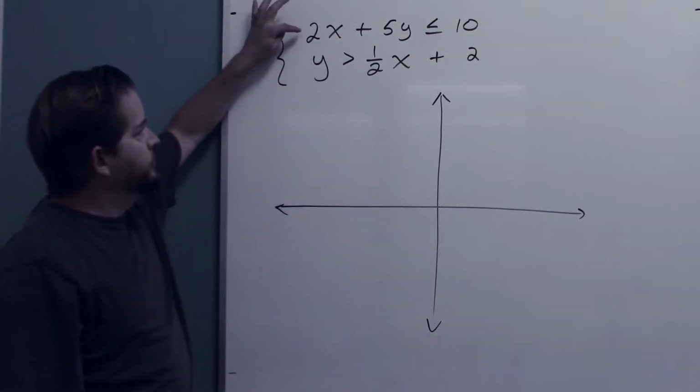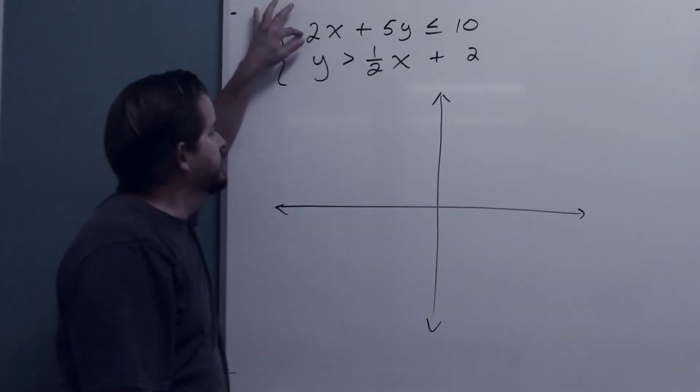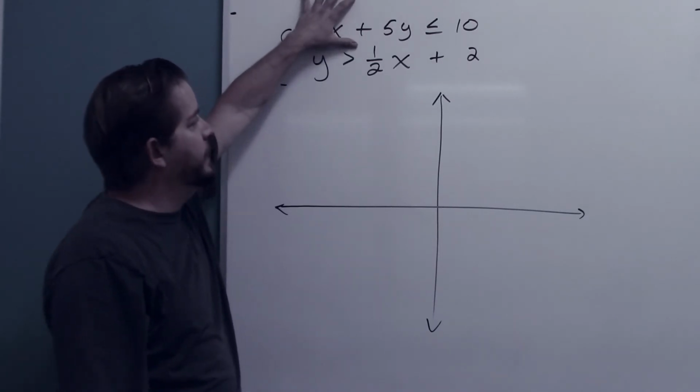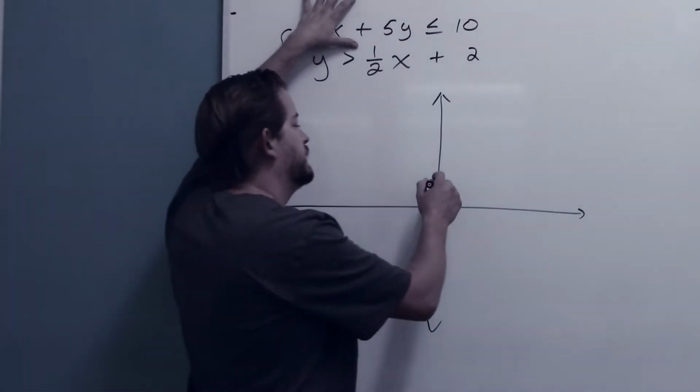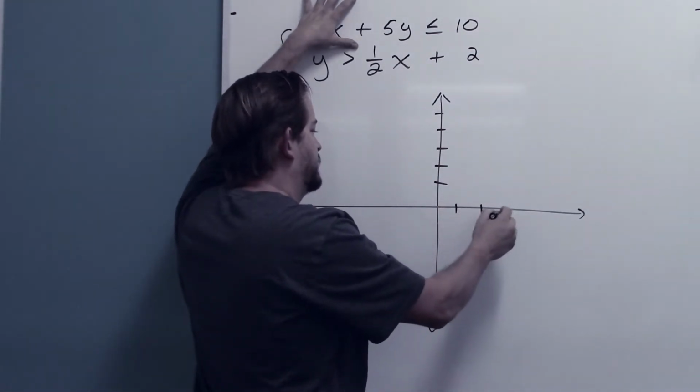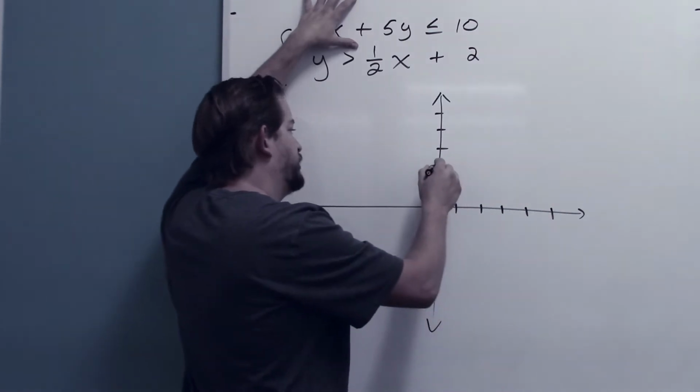The top one I should be able to graph using the intercept method. If x is 0, that is eliminated. Divide each side by 5 and I get y is 2. So I have a point here.